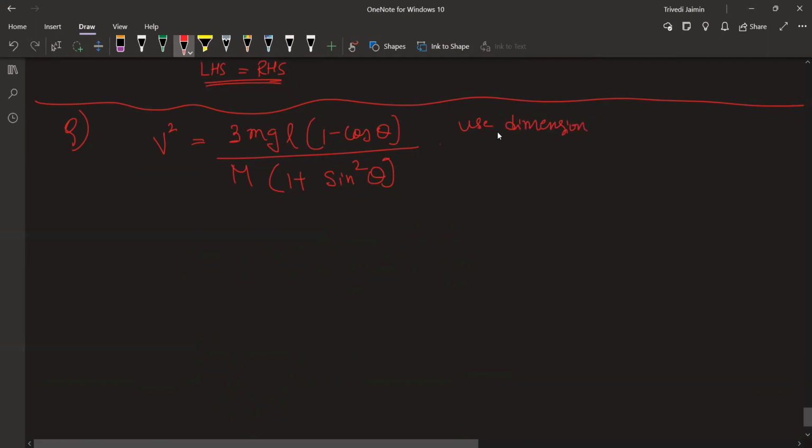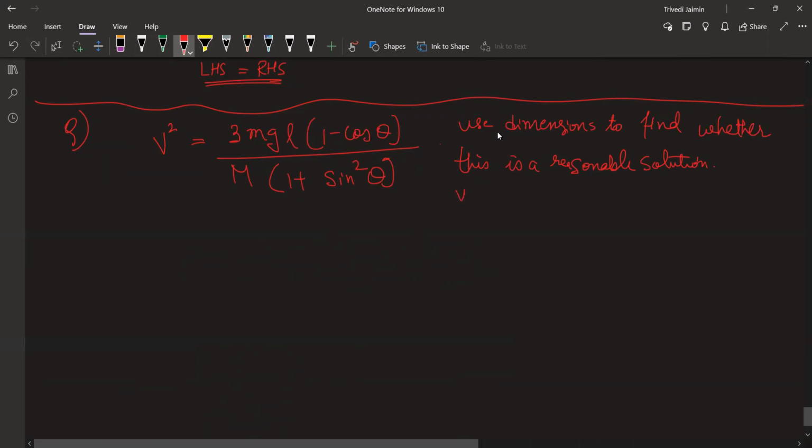So use dimensions to find whether this is a reasonable solution or not. You need to find if it's a reasonable solution or not.